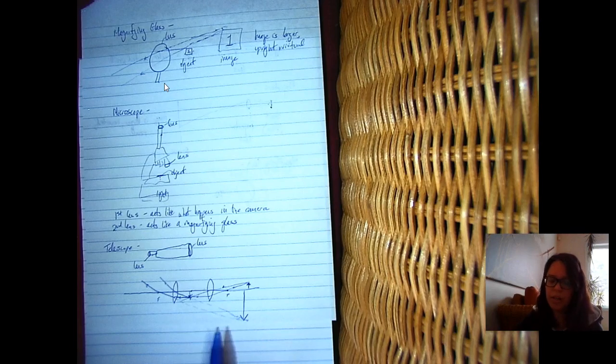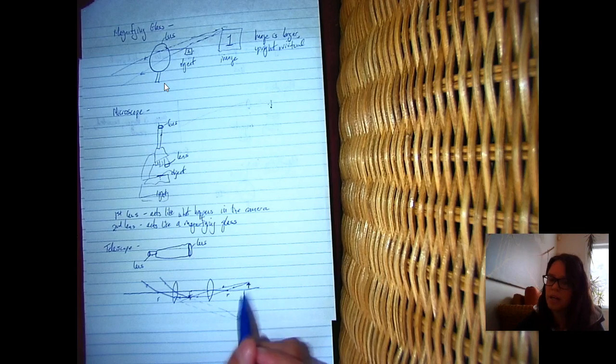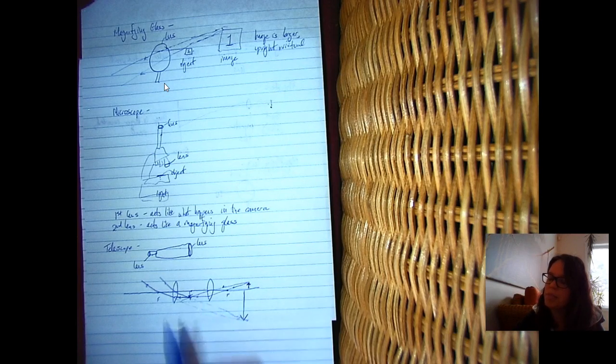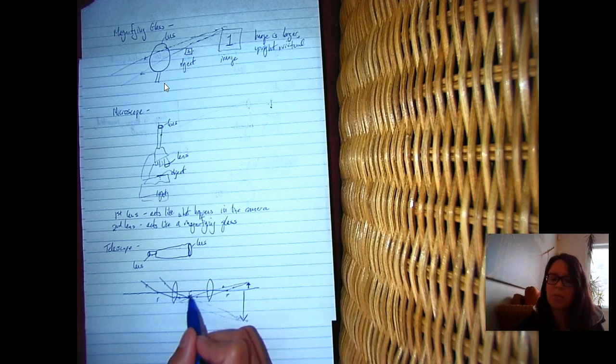So just to review it, and then I'm going to shut down the video for today. You start with this original object, whatever it might be, whether it's on your slide or if it's a planet or something like that out in space. And then the light rays come from behind or the actual object itself. They go through the first lens to make this inverted image, which is still quite small.